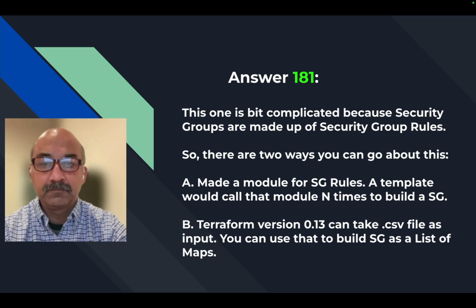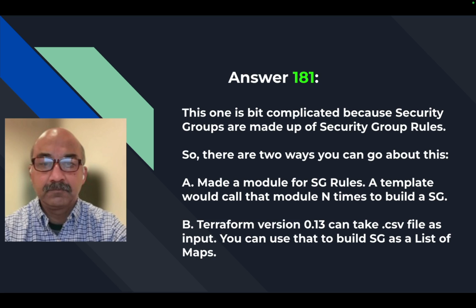You can have 10 rules for that matter. So you can have a module for a rule, and then you can call that module with different arguments to make up your security group. This is why this topic was chosen, because if I were to ask you about EC2, this would be a very simple answer. But when it comes to security groups, it tests your knowledge about security groups themselves, and it tests your knowledge of how you can actually design your code for this particular resource.